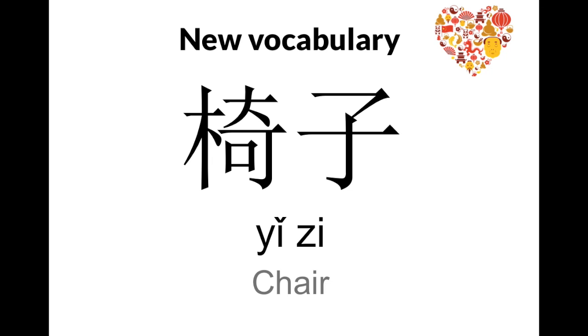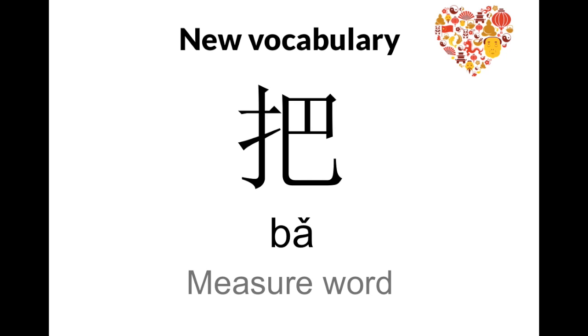But chair also has a specific measure word, which is 把. And 把 is usually used for things that have a handle or at least can be carried, but the definitions are not crystal clear. So one chair is 一把椅子, one chair.